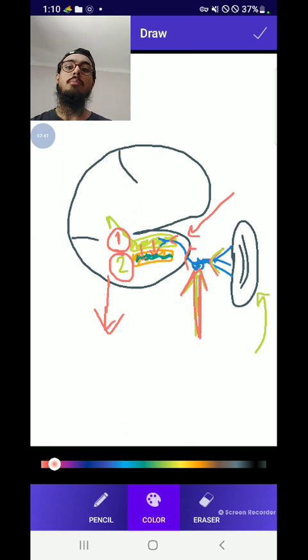So guys, this is the clinical importance related to that. You must know the pathway which I discussed in the previous video, and in this video I explained a little bit about that pathway, also the second area and the clinical importance.